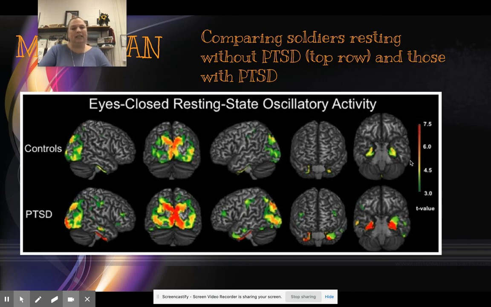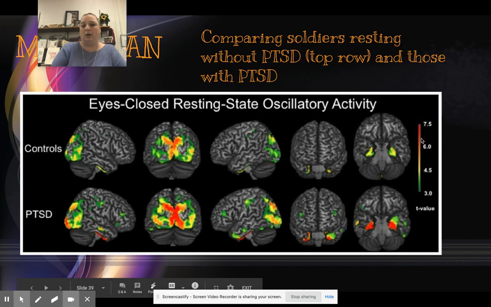And if you look, this one was really interesting. They were using this to compare soldiers with PTSD. And one of the things about MEG is it can get in deeper in the brain than any of the other images that we looked at. So what they did is they used a control. These are soldiers without PTSD, and they're in a resting state.